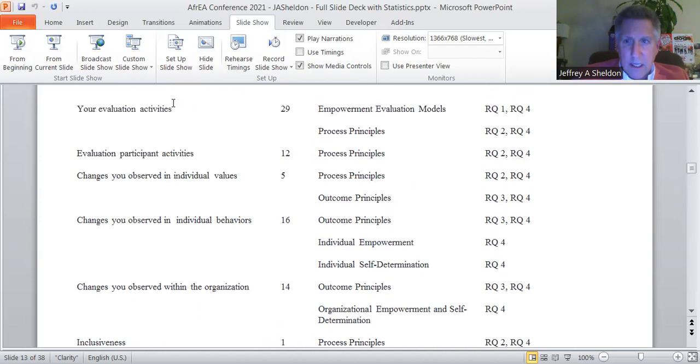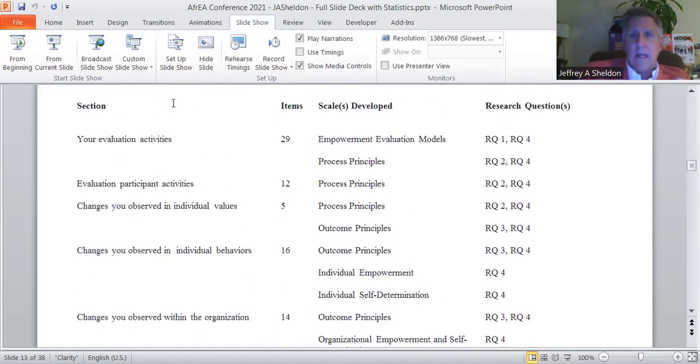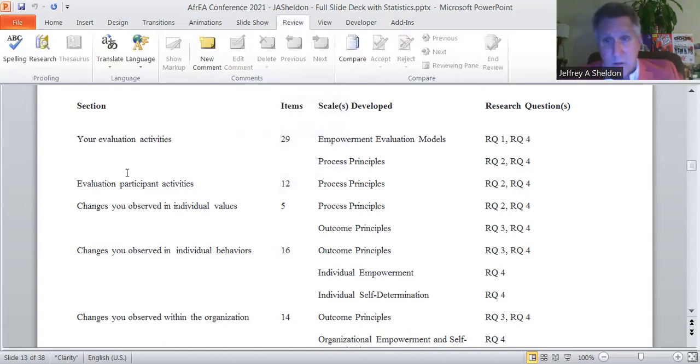Each of these sections is designed, the information collected from those items is designed to answer one of the four research questions.